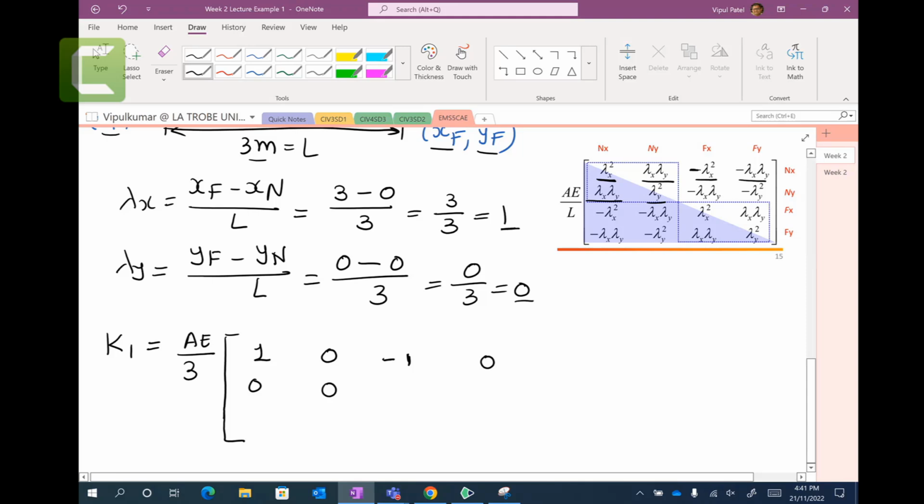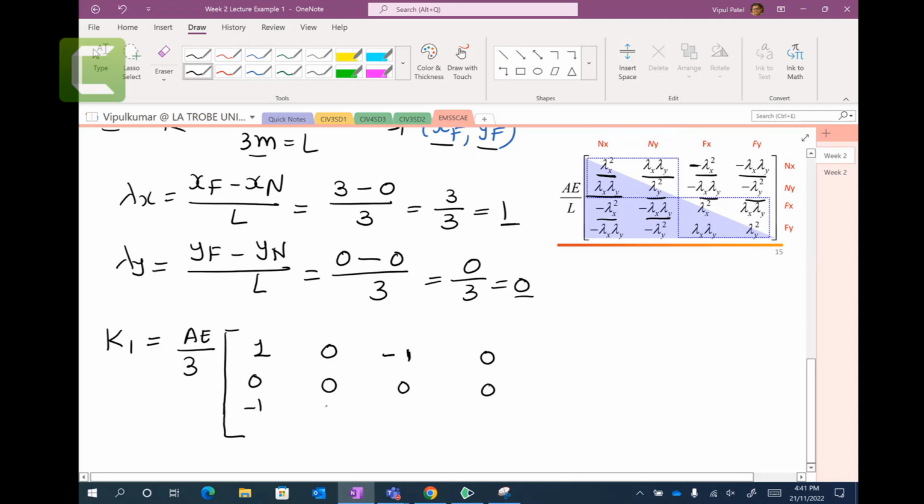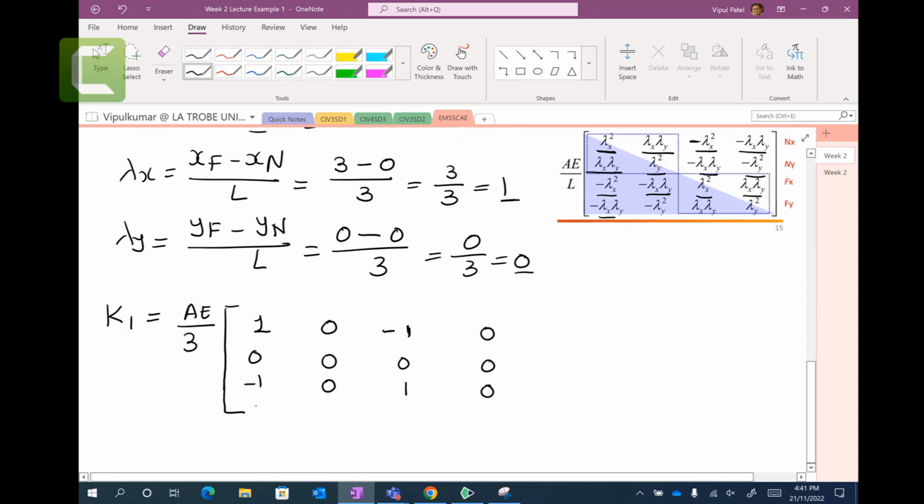Lambda y squared is 0. Lambda x squared minus 1. This one is 1. The rest are all 0.